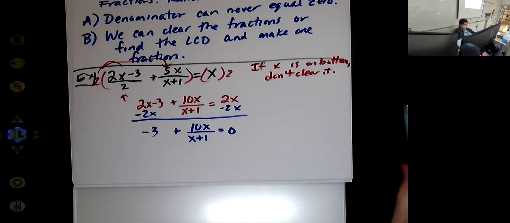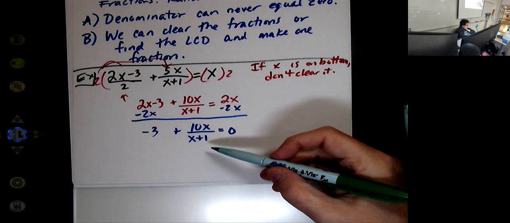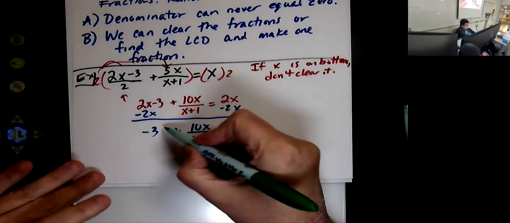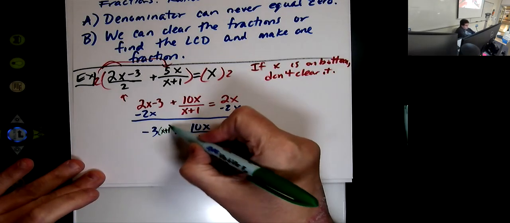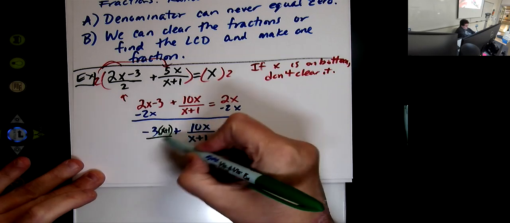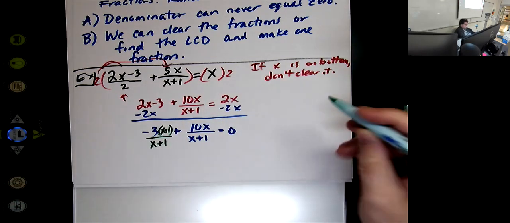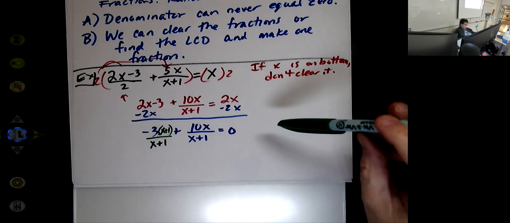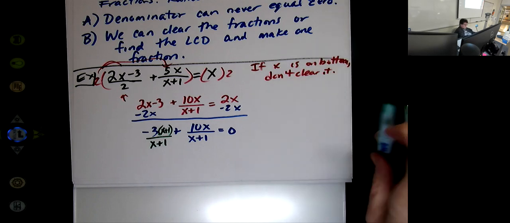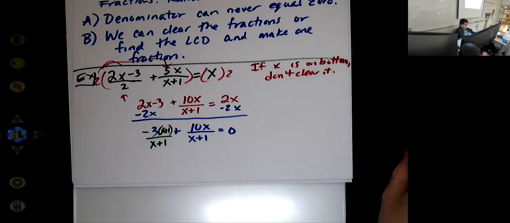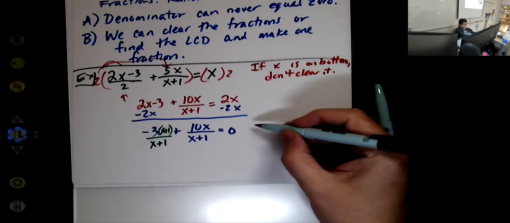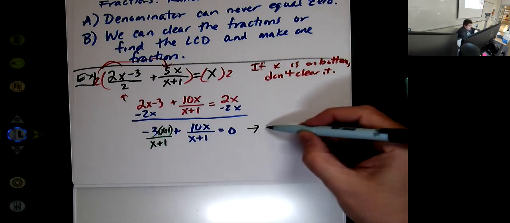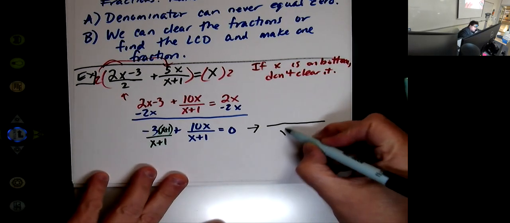And now if I want a common denominator, I've only got one fraction. So I can just multiply this by x plus 1 over x plus 1. And if I do that, I just get one big fraction with x plus 1 on bottom.